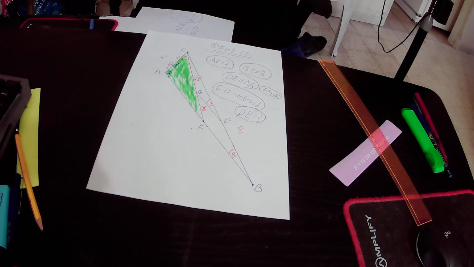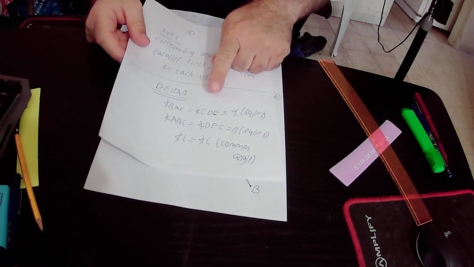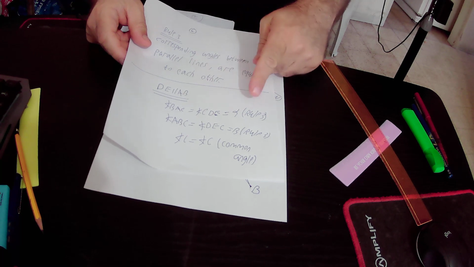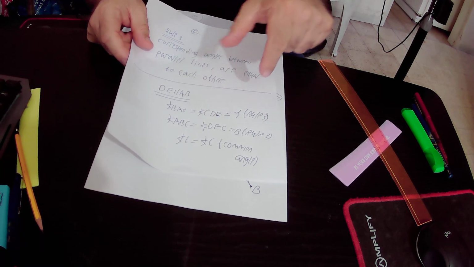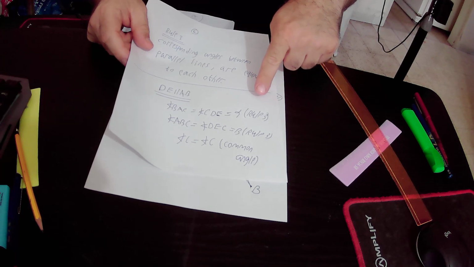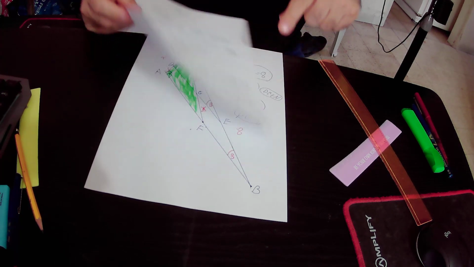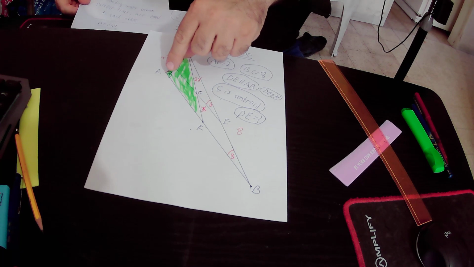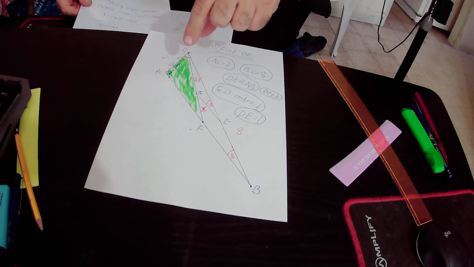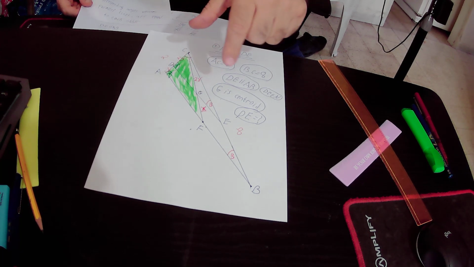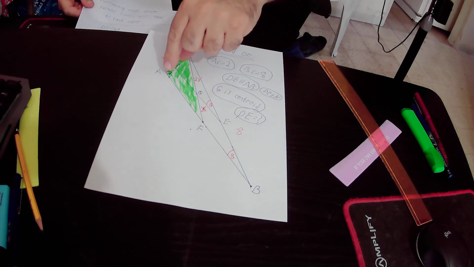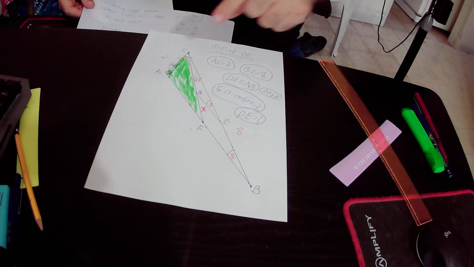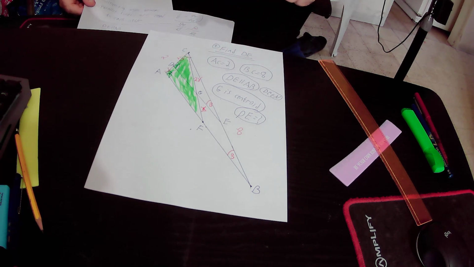That is to say, angle BAC will be equal to angle CDE, and if one angle is equal to alpha, then the other angle will also be equal to alpha, because they are equal to each other.